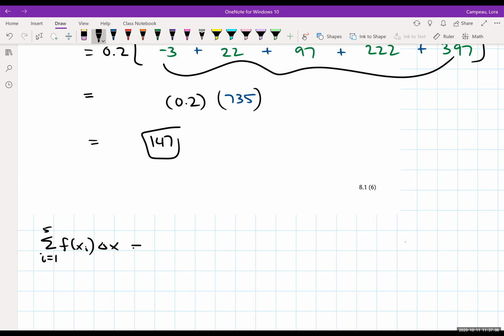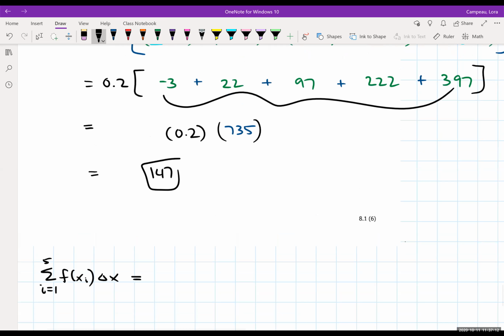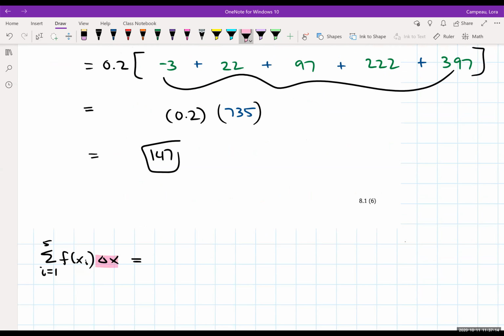And one of the ways we look at it, if we're going to understand delta x, see if I highlighted it in pink, right? As long as delta x is a constant, it's actually equal to 0.2.